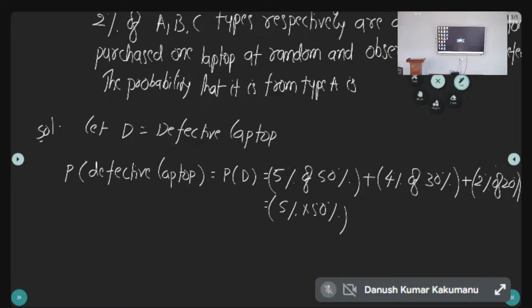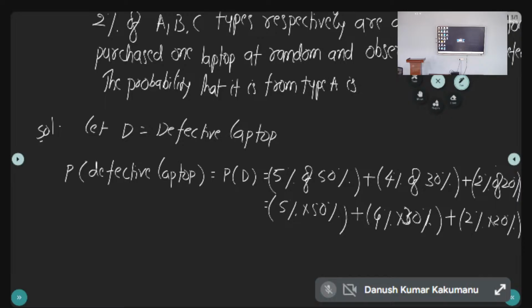Yes. Plus 4% into 30%, plus 2% into 20%. Now what is my question? These are all possible defective laptops or not? This is the probability that a purchased laptop is defective, all the possible chances.